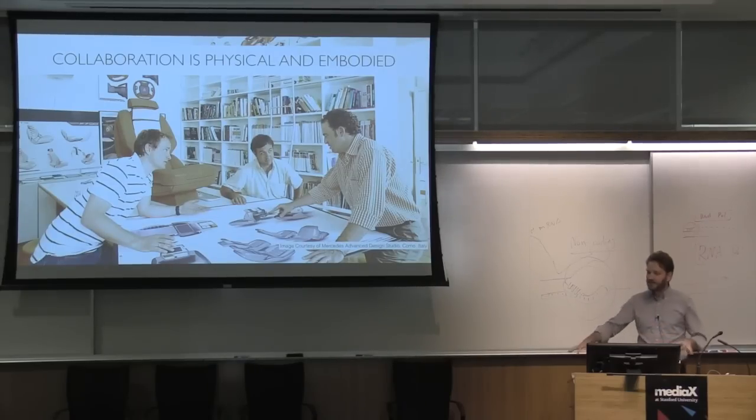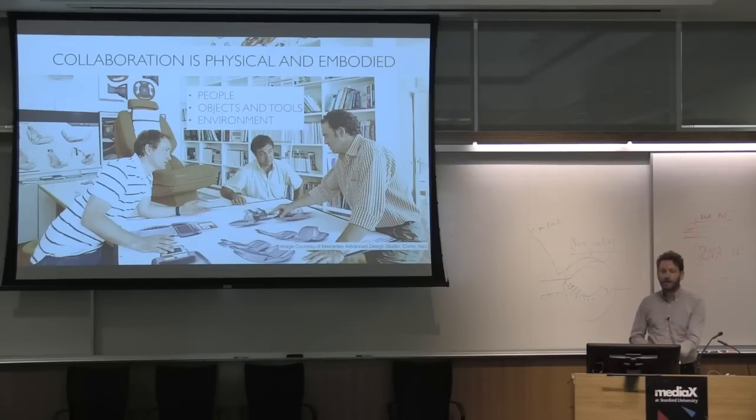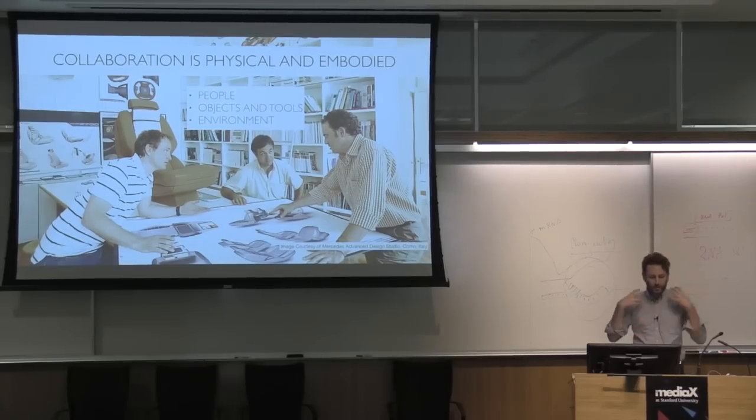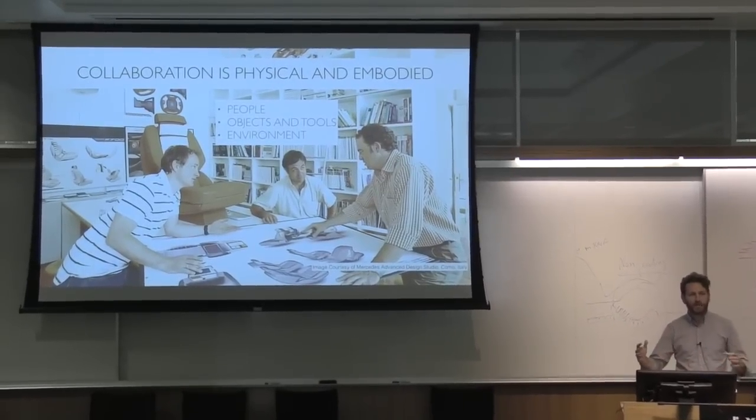We have physical materials around us, we have sketches, we have physical props we might use, we have whiteboards, and we have this ability to look at each other's faces as well as share objects and sketches and directly manipulate them. So we like to think of it in terms of people, but also objects and tools as well as the environment around us.